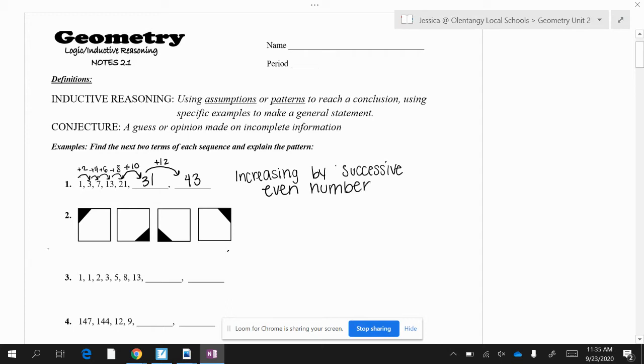So basically it just says we're taking our even numbers and increasing them that are in a row. So that's what successive means, just like in a row. So 2, 4, 6, 8, 10, 12.